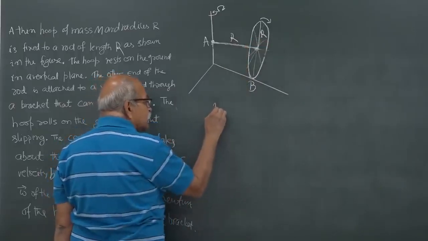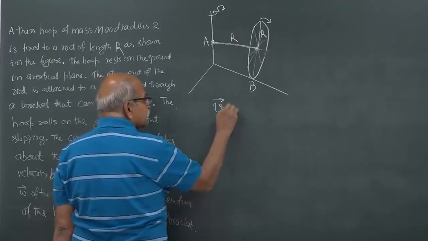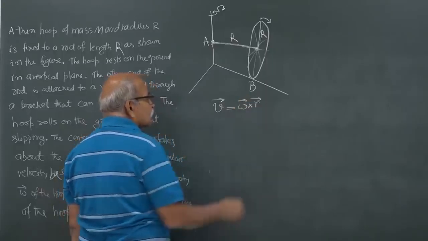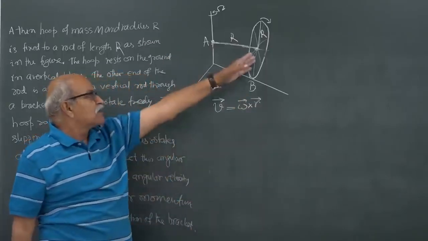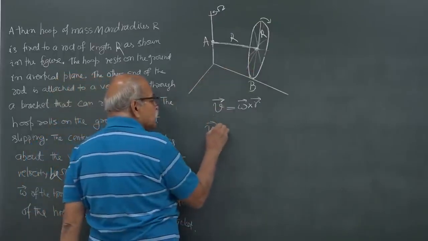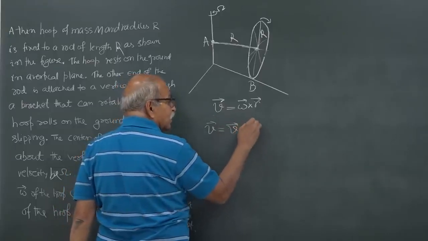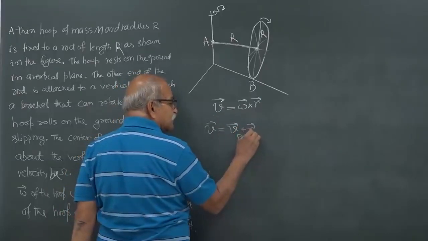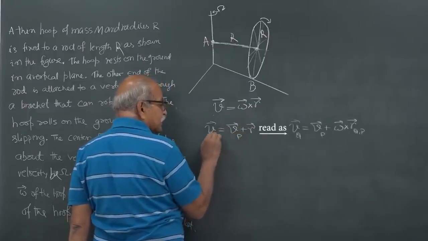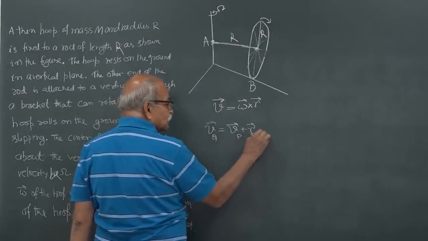Now, for any object which is rotating, velocity can be written as omega cross r. The general relation is: you pick up some point, and then the velocity of, say, point q is omega cross r of q with respect to p.